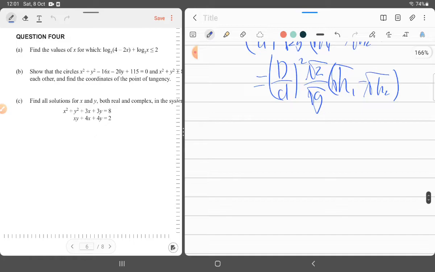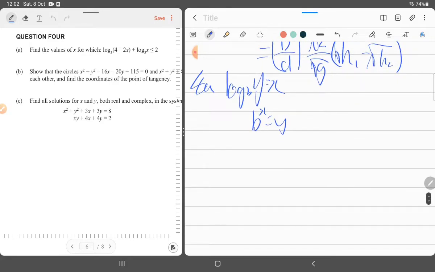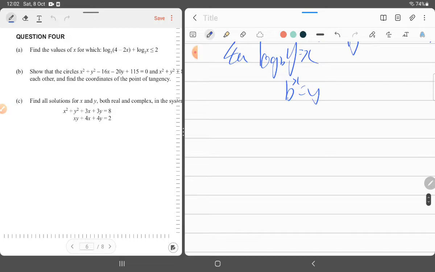Question 4a. Find the values of x for which log of 4x take away 2x squared is less than 2. Log base b of y is equal to x, b to the power of x is equal to y. Actually, there's an inequality.